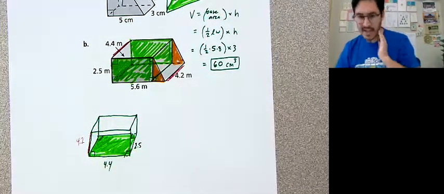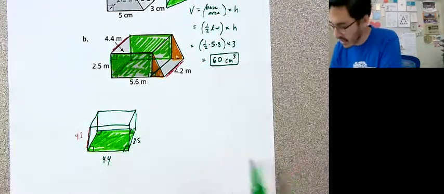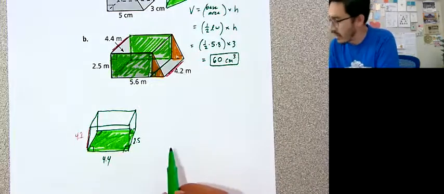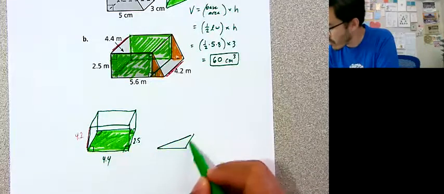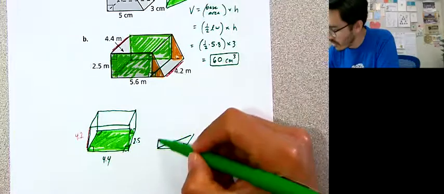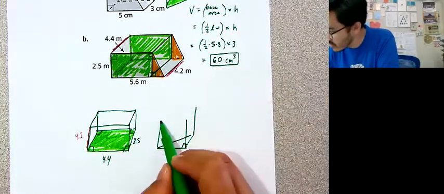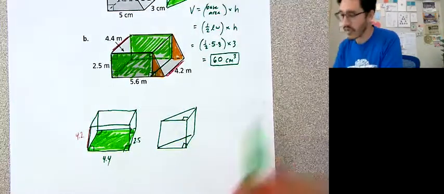It's going to be a little bit more challenging for me to draw the triangular prism, but I'll try. Okay, so we're going to have, okay, let's try. Okay, so there's the right angle. And then we're going to lift up all the sides. Okay.